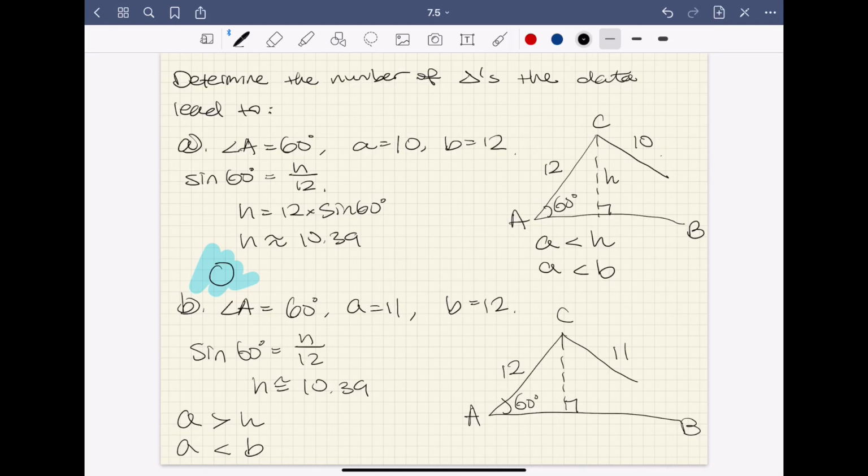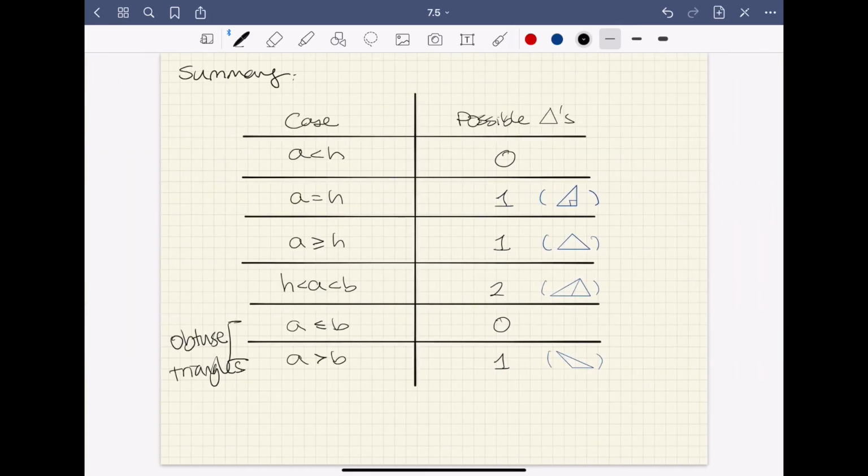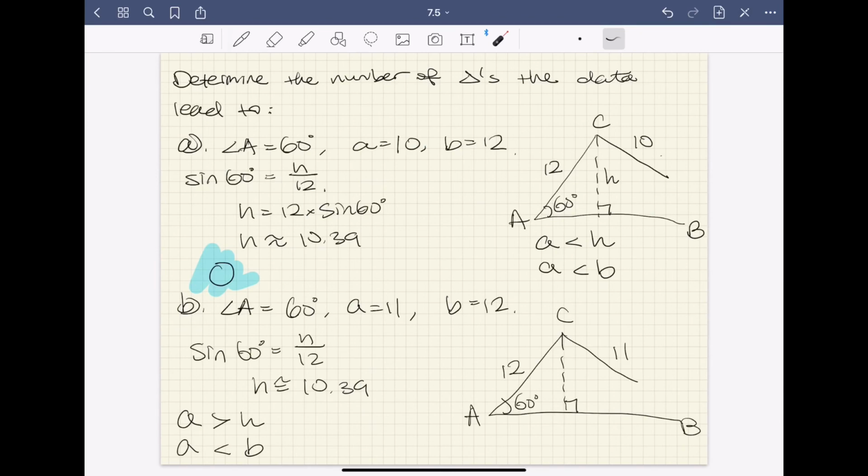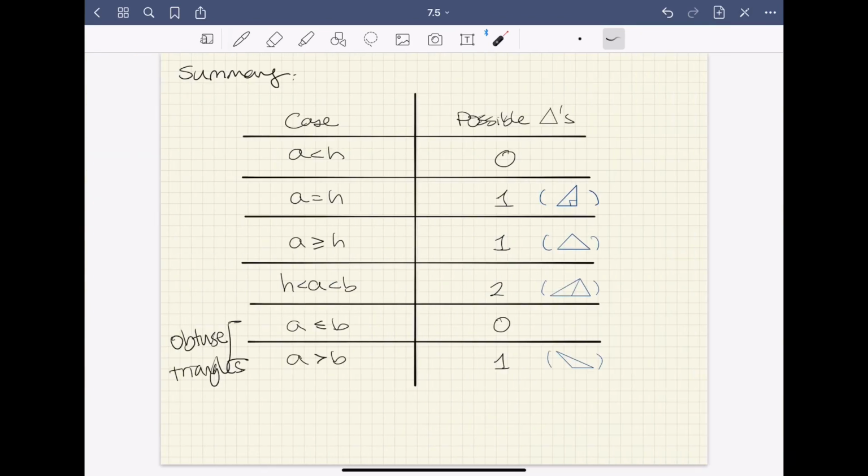So let's compare it with our summary. A is greater than H is right here. We have one possible triangle. A is less than B is right here, but this one is for obtuse triangles, so we don't use this one. We'll only use the one that's greater than H. That's for the acute triangle.